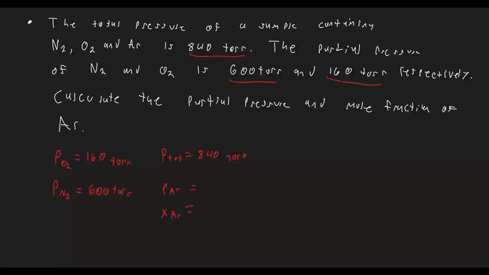So we will say that 840 torr is equivalent to 600 torr plus 160 torr plus the partial pressure of argon, because we have the partial pressure of nitrogen here, and we have the partial pressure of oxygen over here.